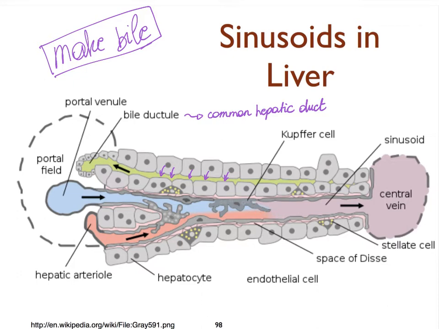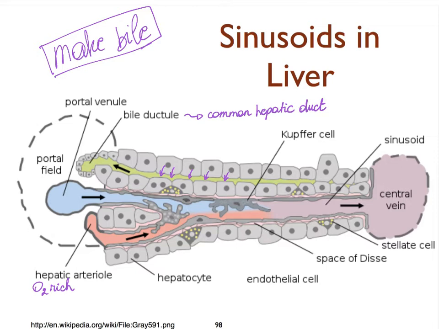But at the same time, we see that the blood of the hepatic portal vein, which is oxygen poor but nutrient rich, is also going to run in these sinusoids to the point that the oxygen-rich and the oxygen-poor blood merge with one another, and the blood in the central vein is pretty much mixed blood.